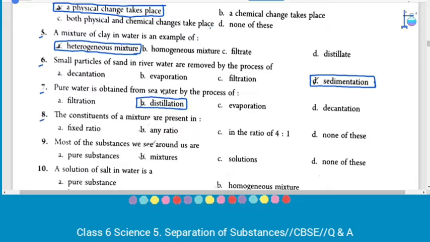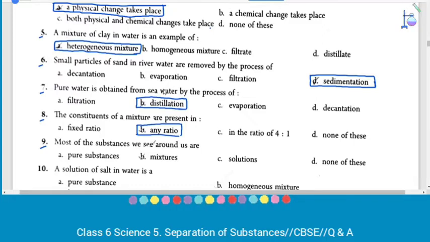Eighth question, the constituents of a mixture are present in, options are fixed ratio, any ratio, in the ratio 4:1, none of these. Answer is any ratio. The constituents of a mixture are present in any ratio. Ninth question, most of the substances we see around us are, options are pure substances, mixtures, solutions, none of these.